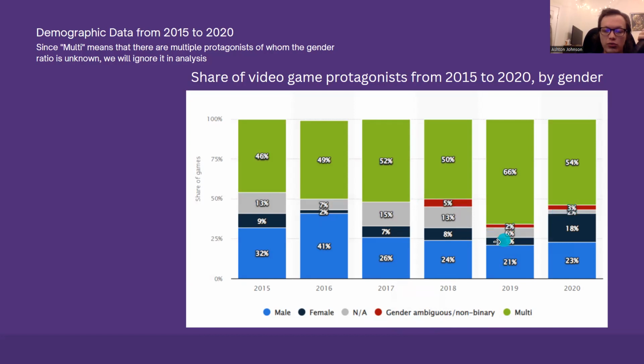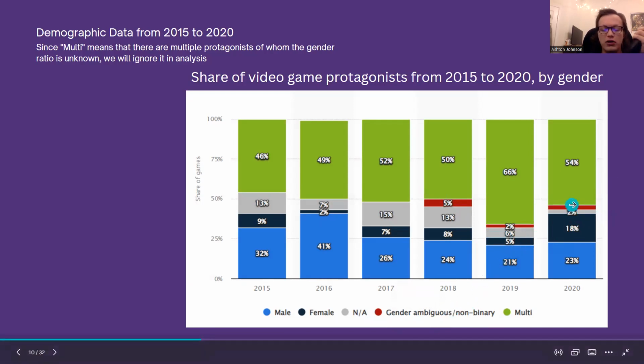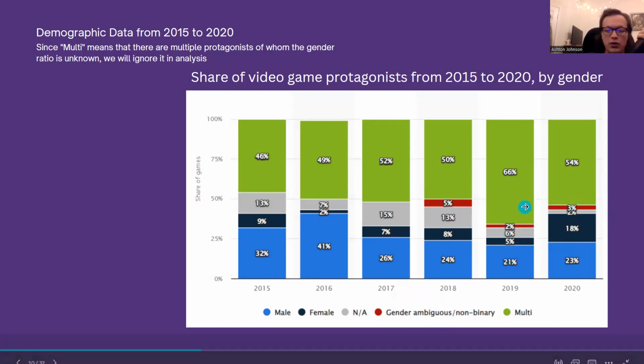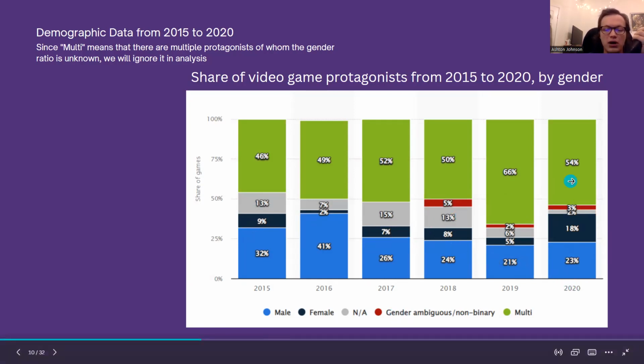But I feel like as we move forward, especially in 2019, 2020, these probably mean more non-binary than the gender ambiguous category. So aside from 2016 heading down, I see this as, we're holding steady, and then we are vastly improving. And the presence of a gender ambiguous non-binary category is just really good to see.